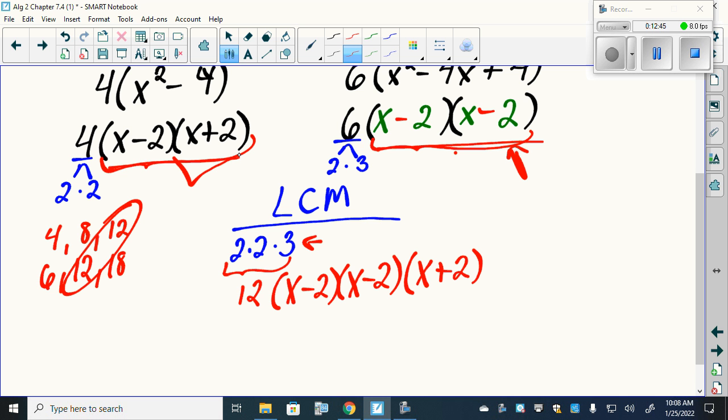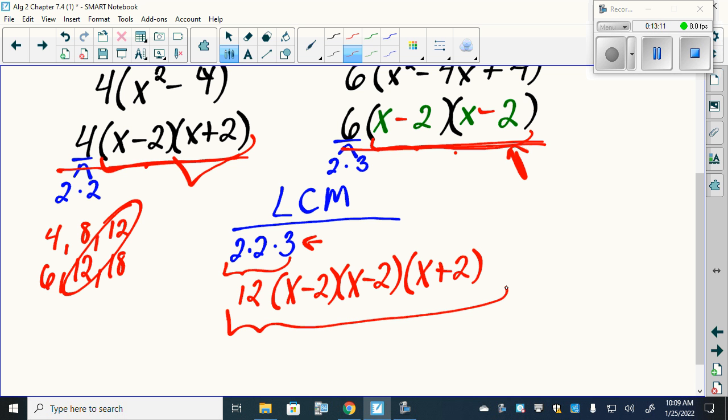And what this least common multiple is, and the reason we want it, is because we're trying to figure out what do I need to do to these two here to make them be the same. So for them to be the same, I need it to be 12 times x minus 2 times x minus 2 times x plus 2, if they're going to be the exact same.